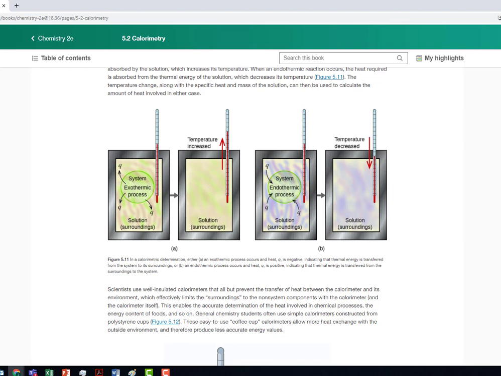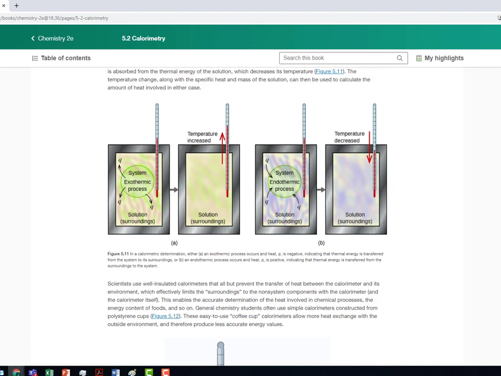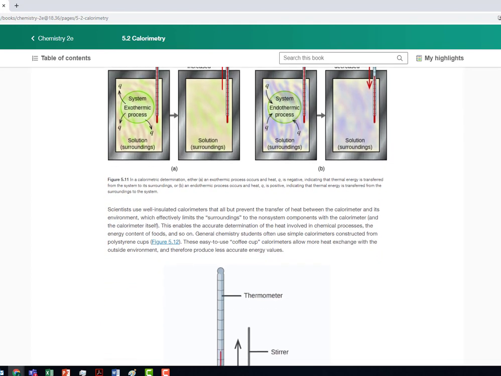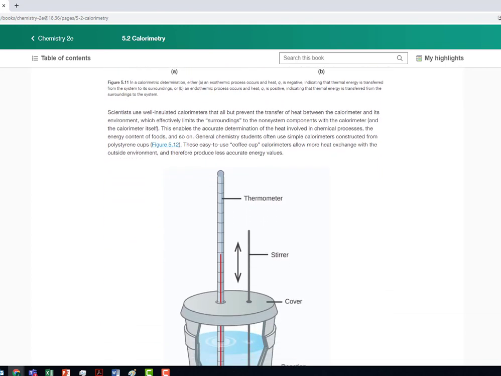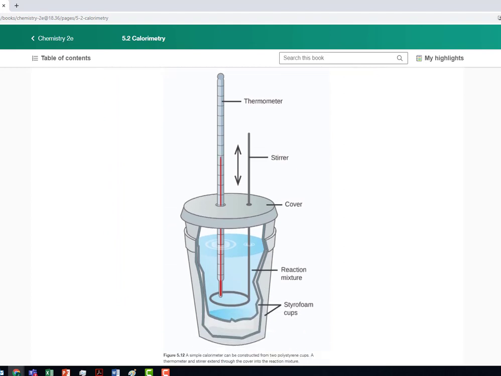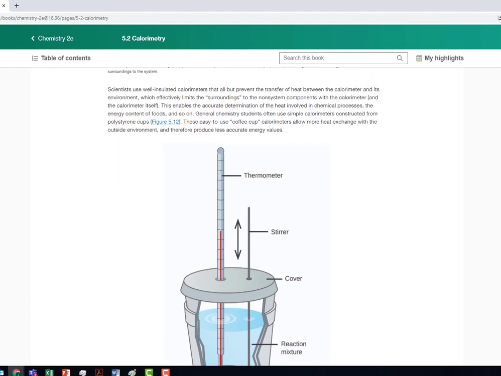So we have some well-insulated objects that we use for this process, and something inside of that can absorb a lot of heat. And it turns out that the one we can often use fairly accurately is made of a coffee cup.